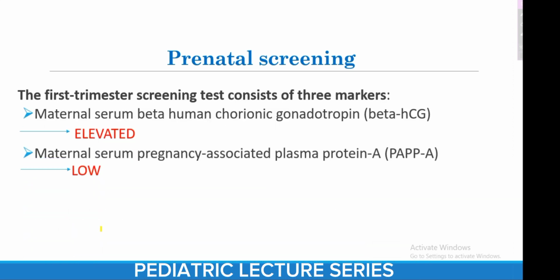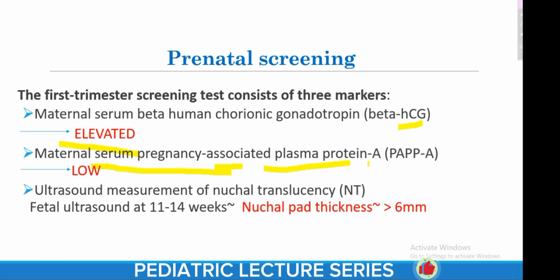We can test for the maternal beta HCG, which will be elevated than normal. Then the maternal serum pregnancy associated plasma protein, which will be lower than normal. Then also we can do an ultrasound scan at around 11 to 14th week, and we check for the thickness of the nuchal pad.